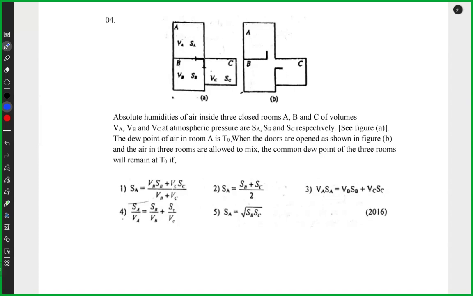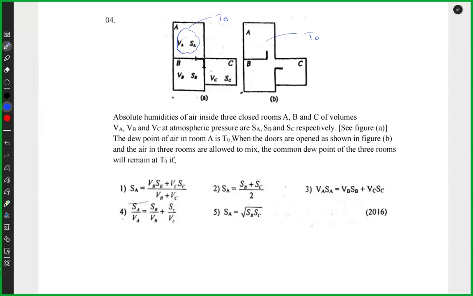So you need to understand that when you go from A to B, if you want the dew point in room A to be the dew point when all the rooms are opened, you need to have the same environment that you had in room A now in the entire system. Is that clear?